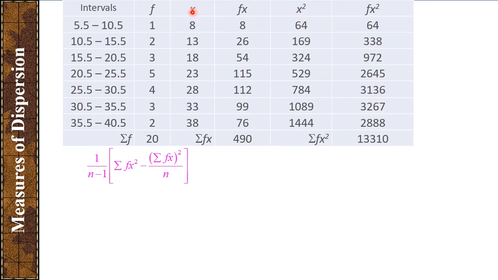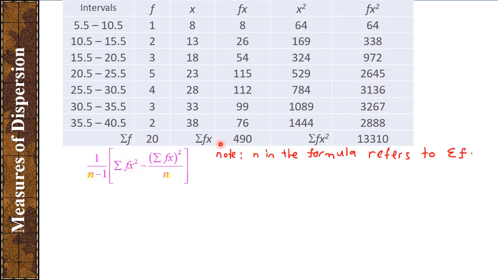From this x we square, so we got this x squared. Then we multiply f with this x squared. Below here we sum fx squared, so we got 13,310. This value will be substituted at the front here.